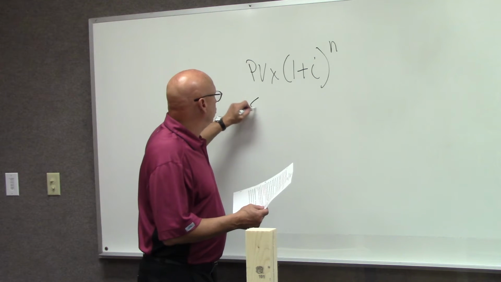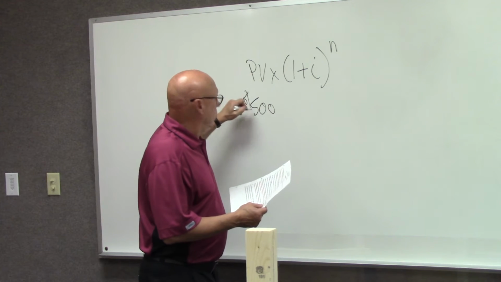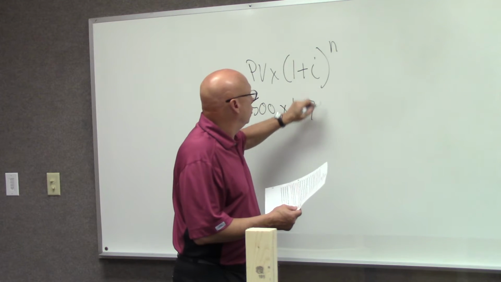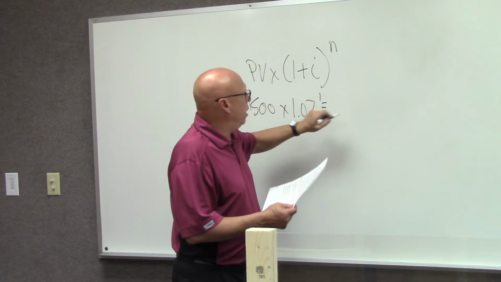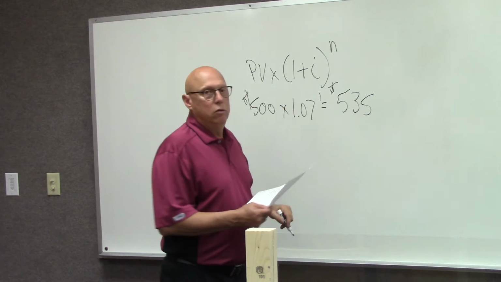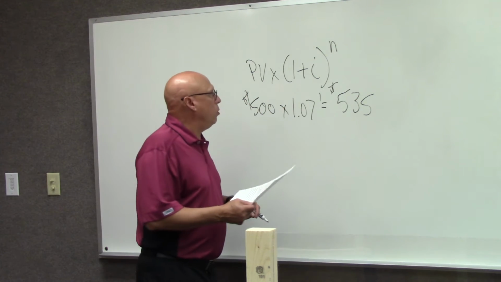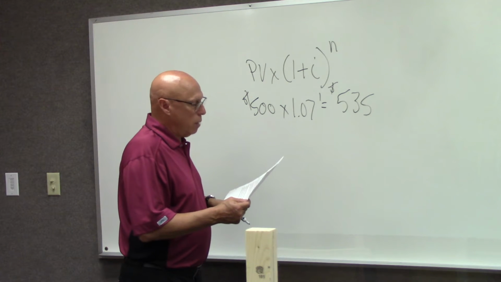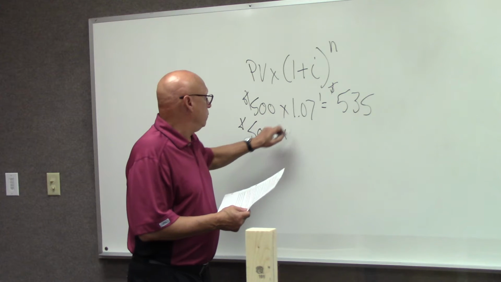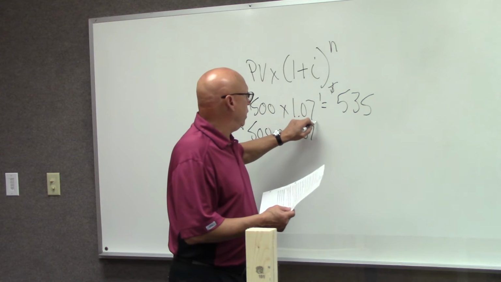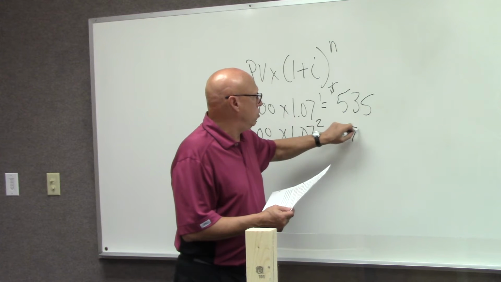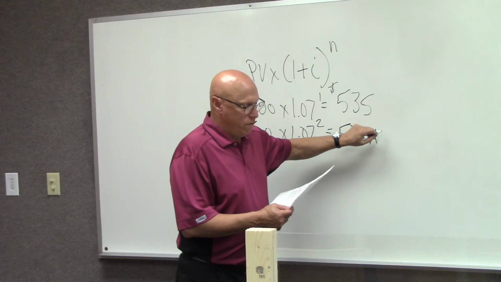So we have $500 times 1.07 raised to the first, and we have $535. That's how much the account will be worth in 1 year. How about in 2 years? $500 times 1.07 raised to the second, and you have $572.45.